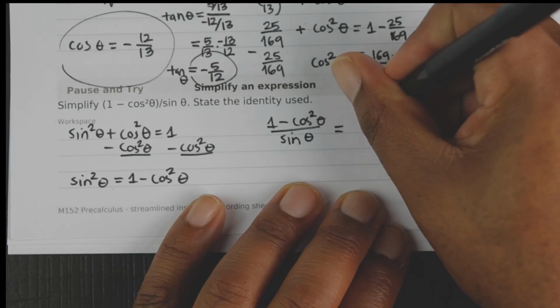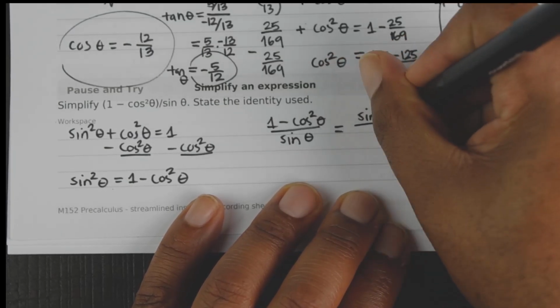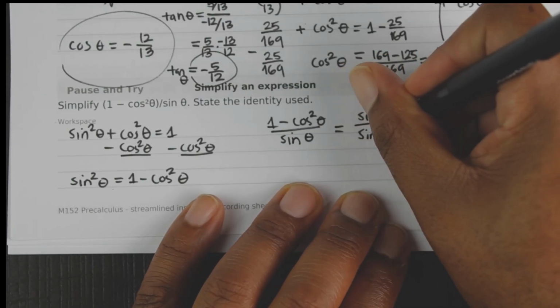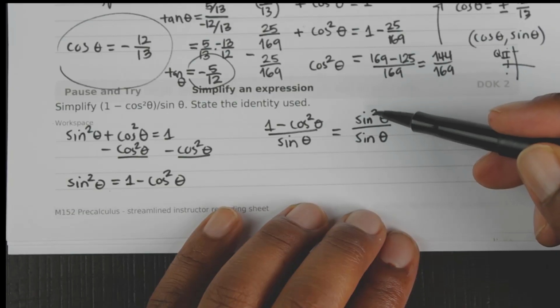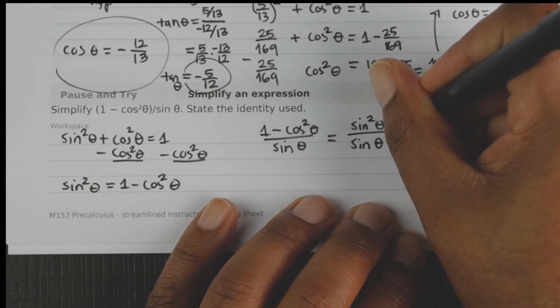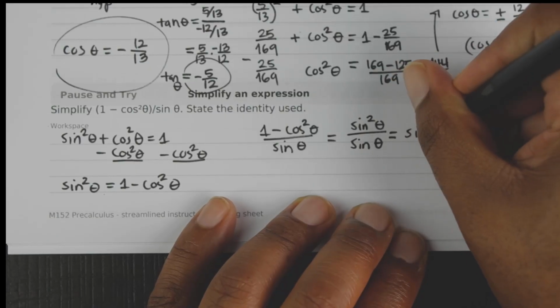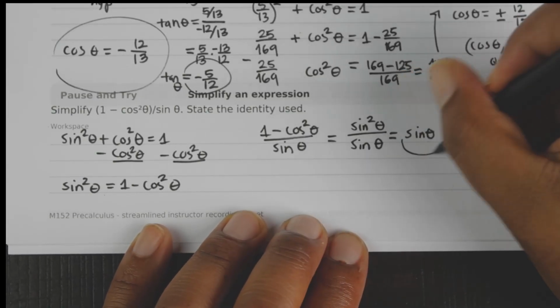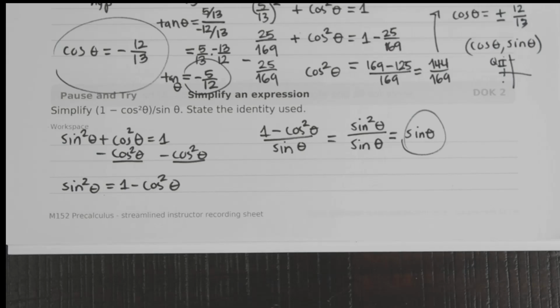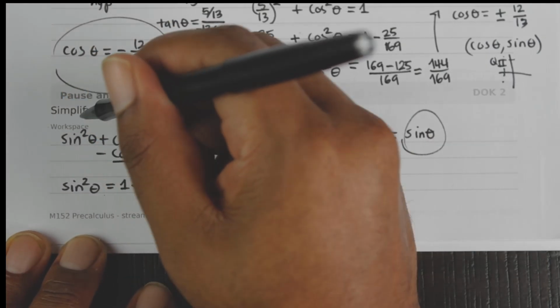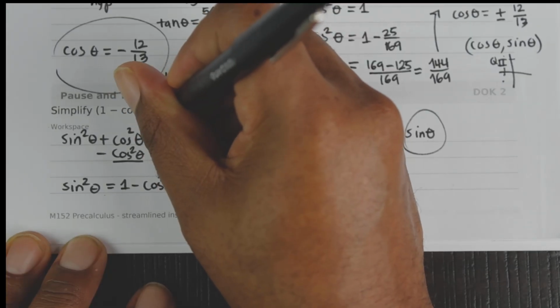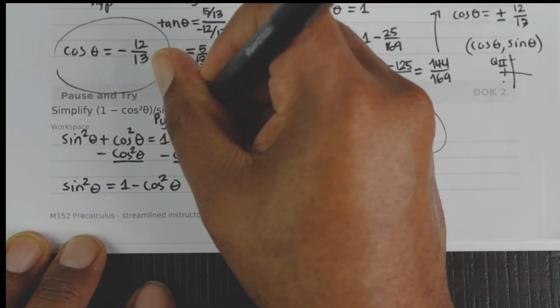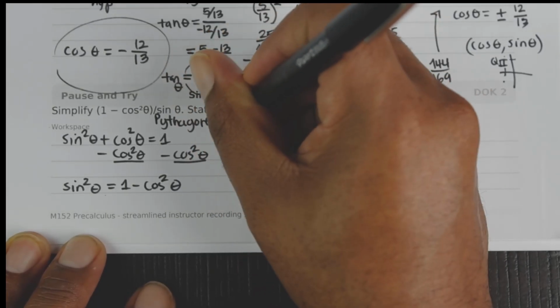So this would be sine squared theta divided by sine theta. Now we can simplify that. So again, this is like having twice of these. So after reducing it, we would be left with sine theta. So the answer is sine theta, and the identity that we used is the Pythagorean identity.